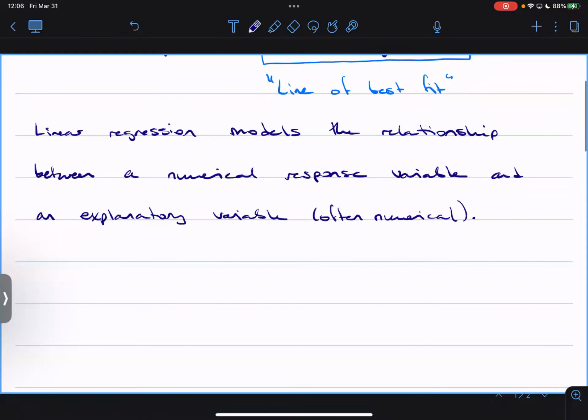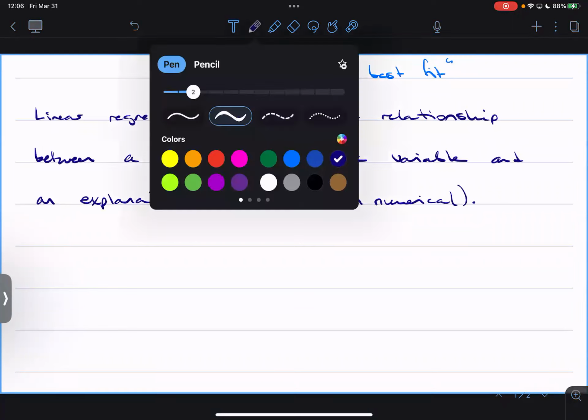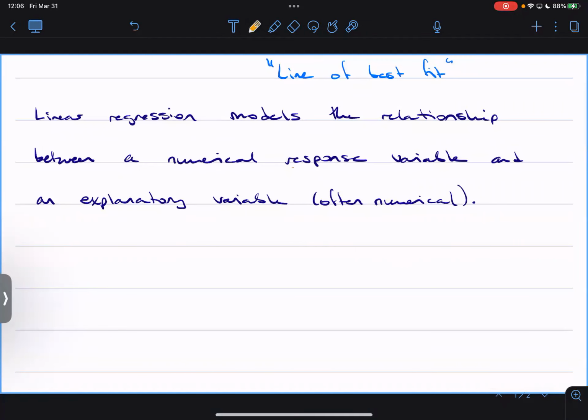And these terms, the response and the explanatory variable, are drawing from chapter 1, right? That terminology that we kind of drilled in and then we left it alone. And here we're ripping open old scars, I guess. Chapter 1 scars.